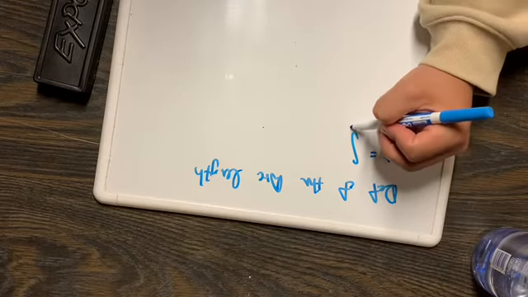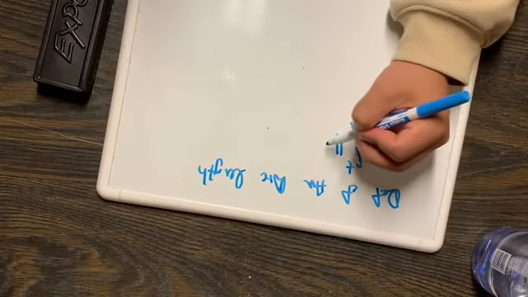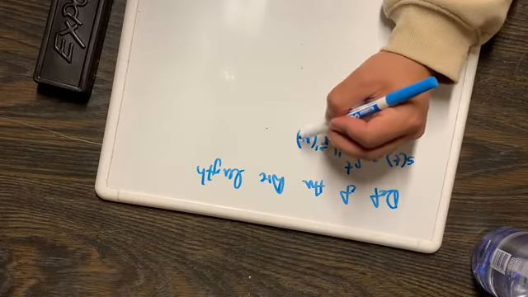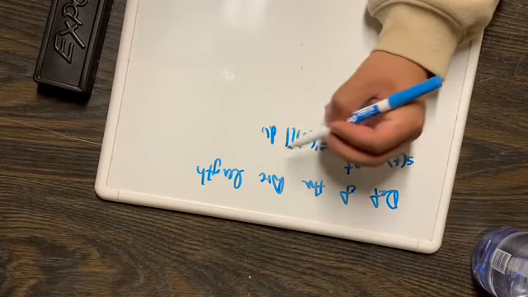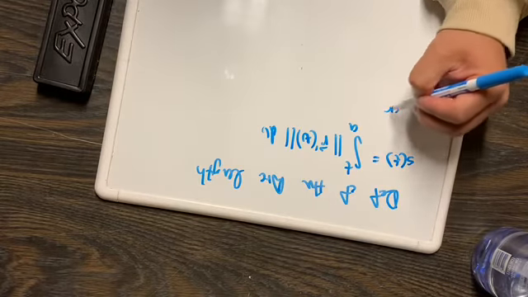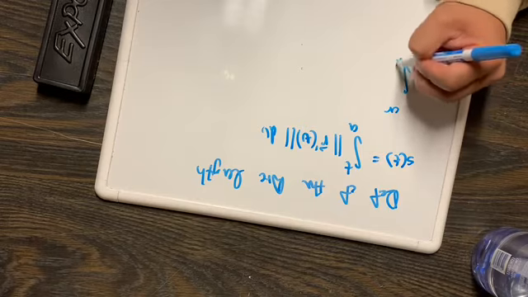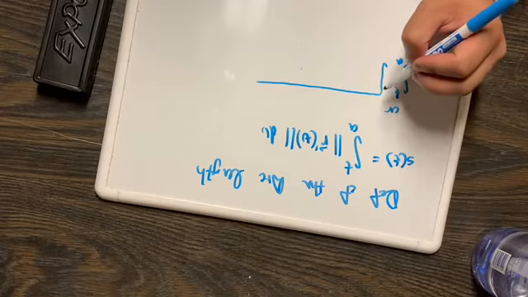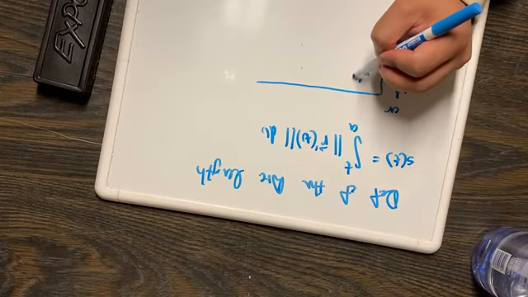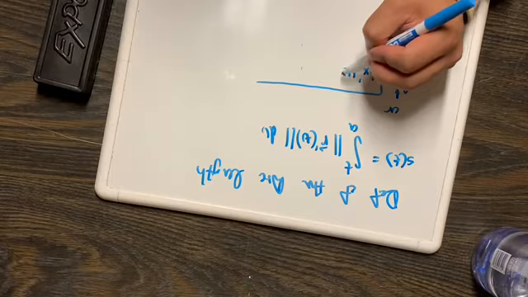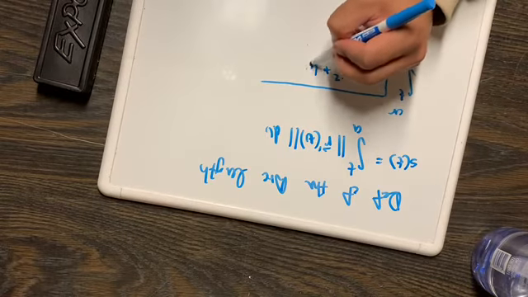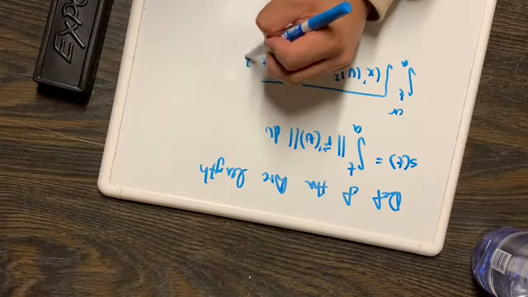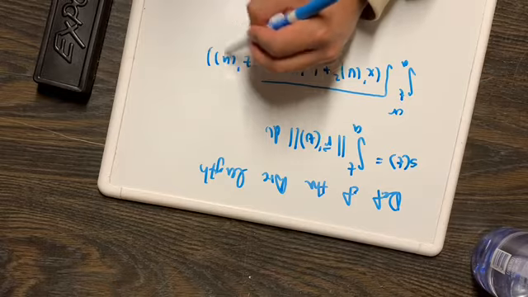It'll be the integral from a to t of the norm of the vector r prime of u du, or you can do the integral from a to t of the radical of x prime of u squared plus y prime of u squared plus z prime of u squared.